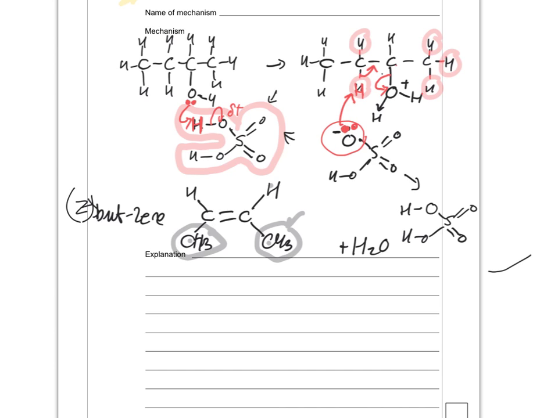Now it could have been that a proton from the other side could have been taken. So how do we end up with two geometric isomers?